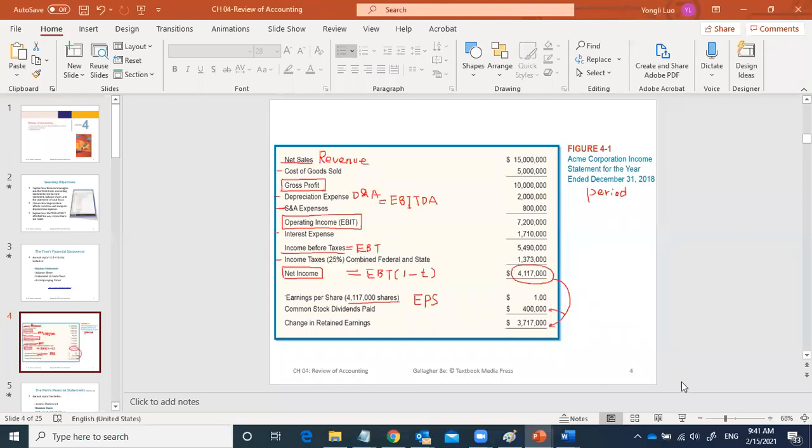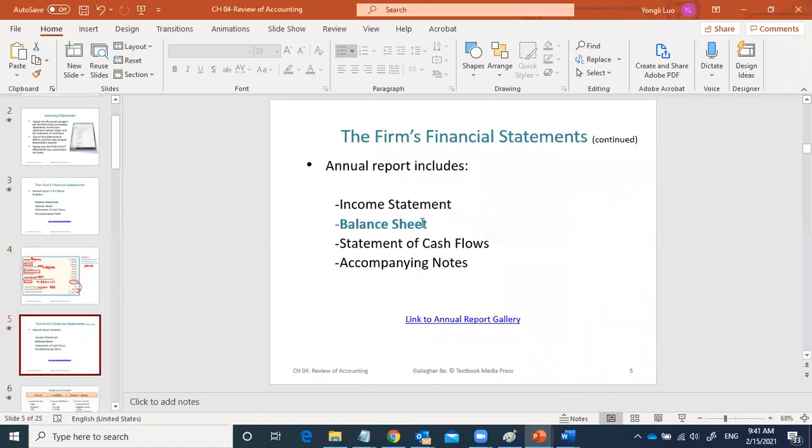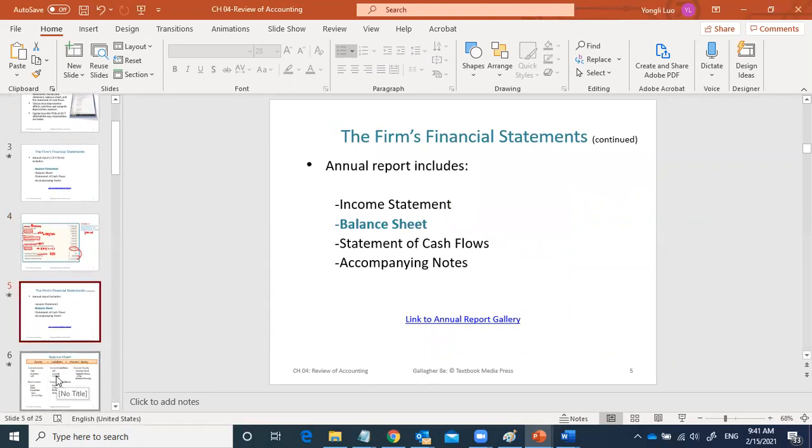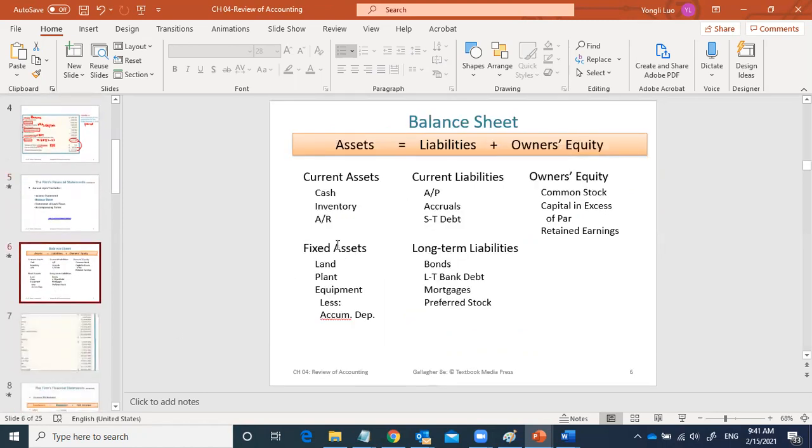Next, what we are going to do is talk about the balance sheet. So the balance sheet, you always have to use what is called the balance sheet equation.